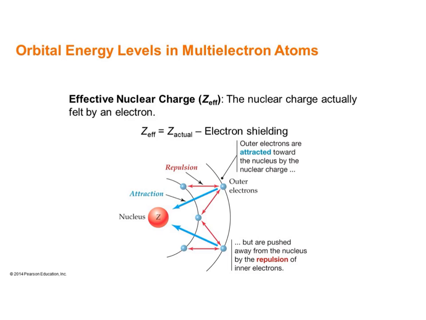Therefore, what an electron on the outer level actually feels is known as the effective nuclear charge, or the nuclear charge actually felt by the electron.